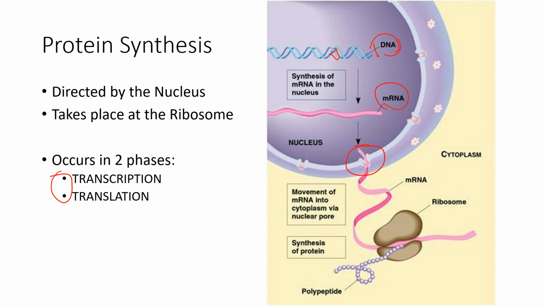Now, once the messenger RNA goes out and finds a ribosome, which is made up of a large and a small subunit, the messenger RNA strand and the ribosome undergo what's called translation. So that's the second part. So the ribosome translates the information on the messenger RNA strand and puts together the protein, also known as a polypeptide.